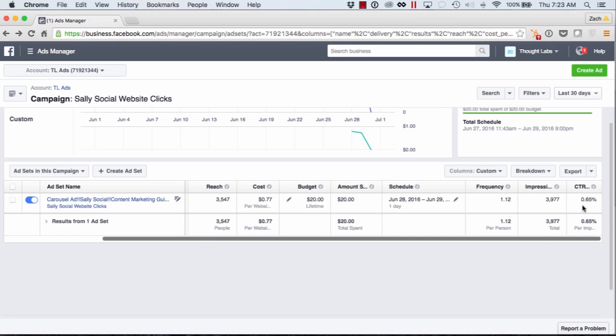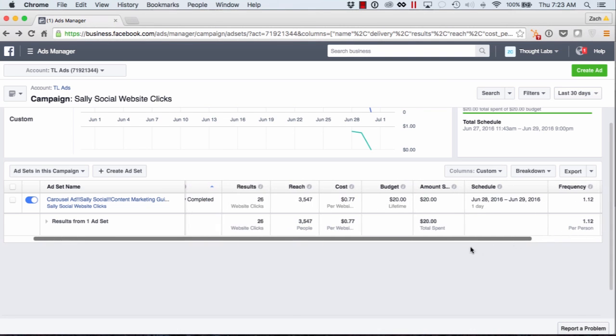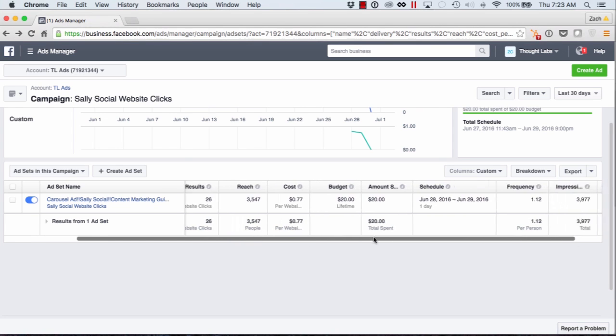So looking at this click-through rate, I see that we do have a good cost per click. We've gotten 26 clicks on this ad set.